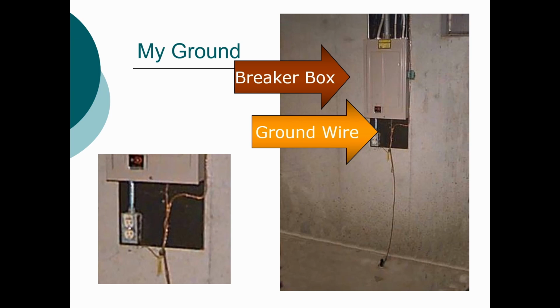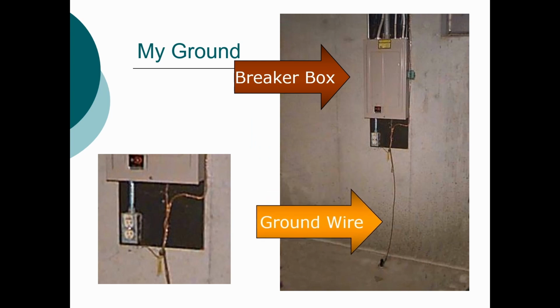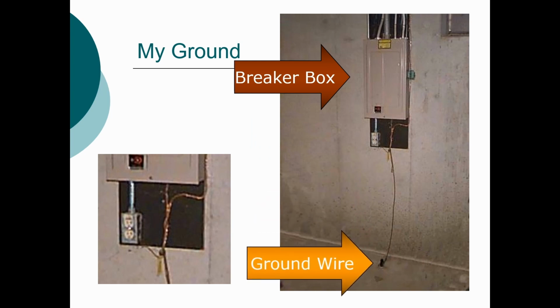This connection provides a pathway to ground for any electricity that might come in contact with the metal box enclosing the electrical service. Notice that the wire is connected to the top of a long copper post driven into the ground. All home electrical boxes have this as a safety measure to prevent electrocution. It can also offer some protection in the event of a lightning strike to your electrical system.